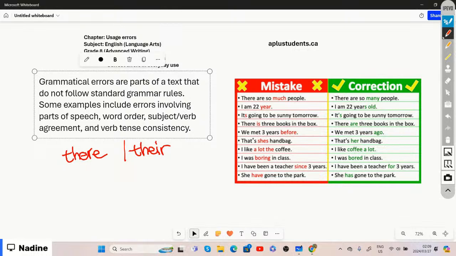And if we look at a few grammatical errors, right? Here we have examples of sentences with grammatical errors, right? The mistakes are in red, and then next to it, they have corrected the mistakes and wrote it in green to see how it needs to be written.